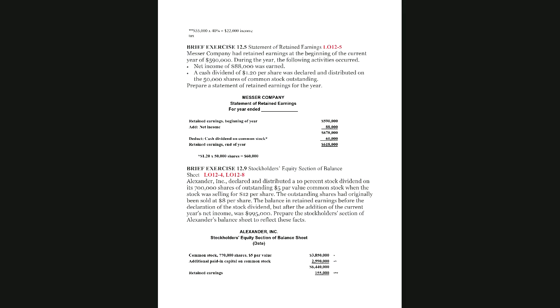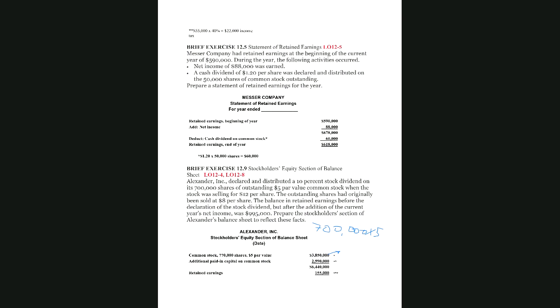We took the 700,000 shares that were originally outstanding. And Kristen, what did we multiply by to get the credit to the common stock account? 700,000 shares times the par, excellent, times the $5, which equals $3,500,000.